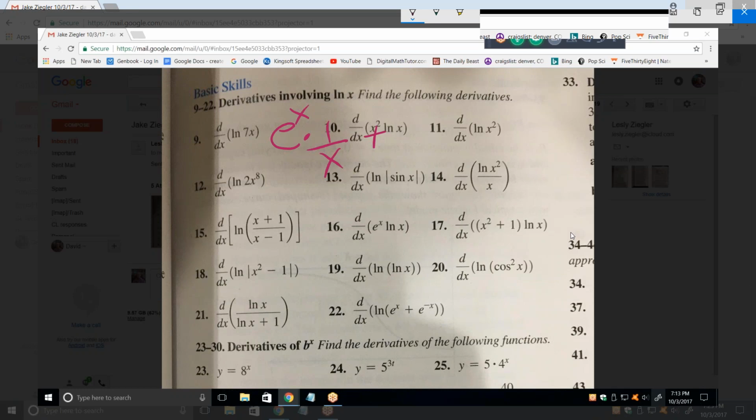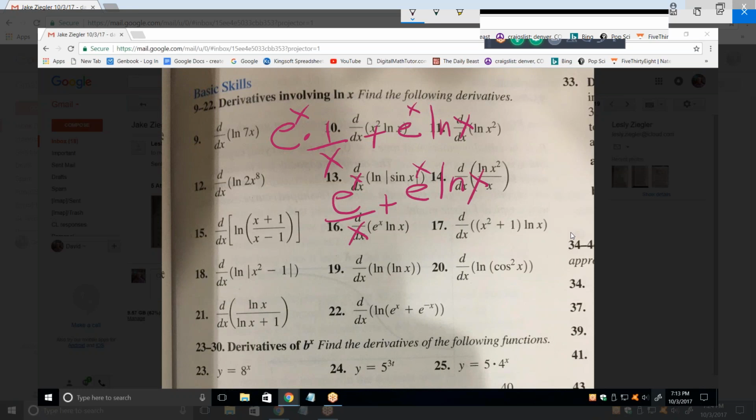Then you have plus e to the x natural log of x. Yeah. So that e to the x can go in place of that numerator, and I have e to the x over x plus e to the x natural log of x. Does that simplify to x natural log x?